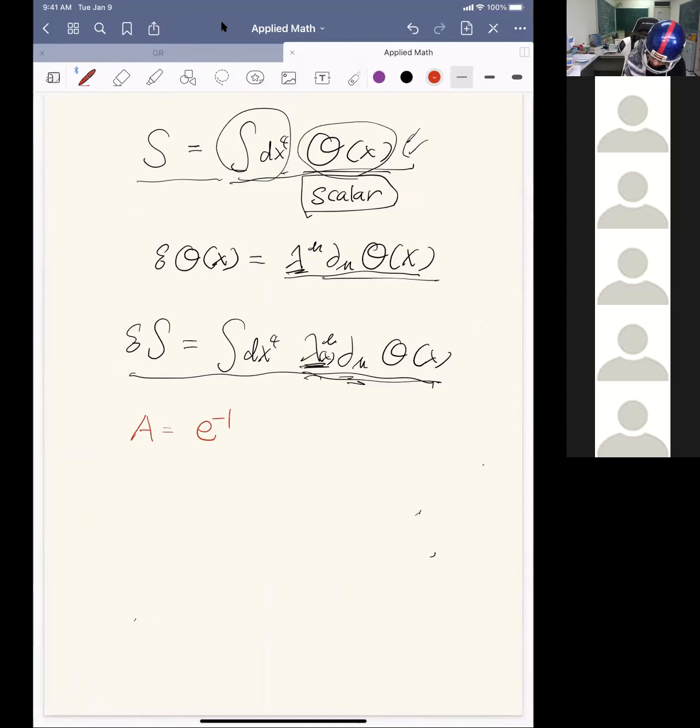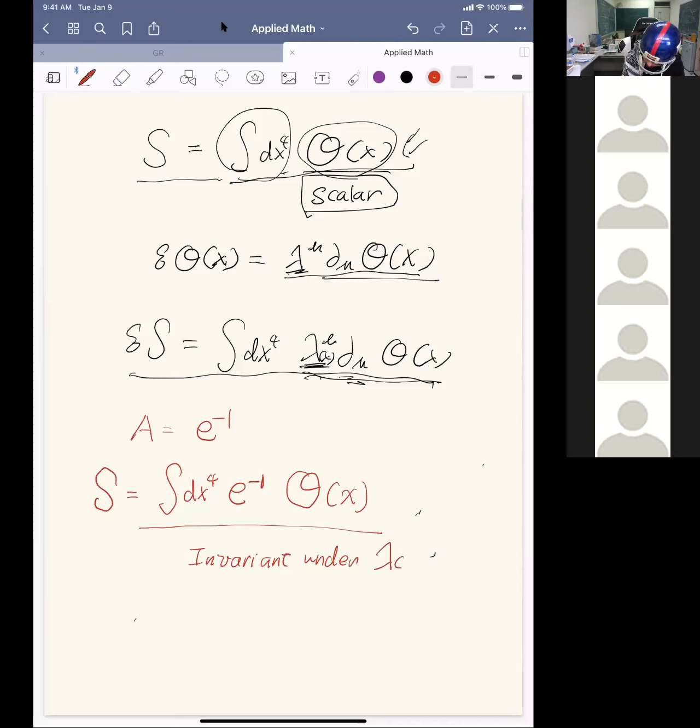In other words, if you write an action, which is just dx for E inverse multiplied by any scalar operator x, this is invariant under lambda x transformation.